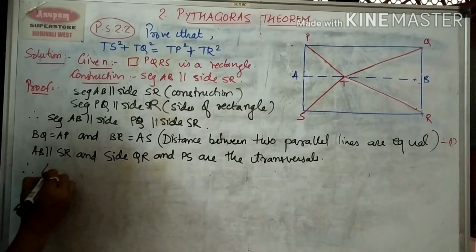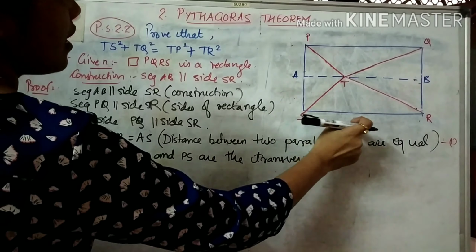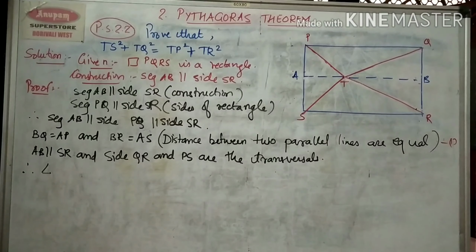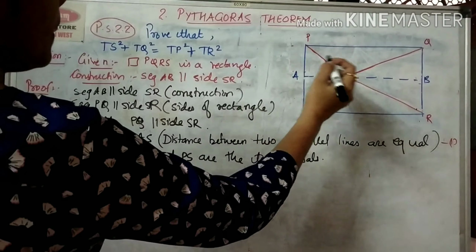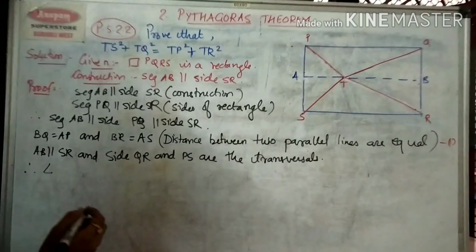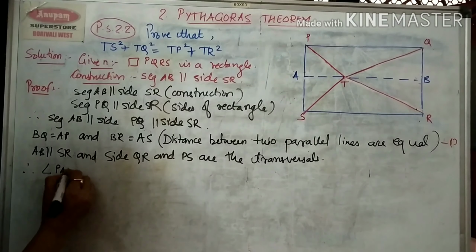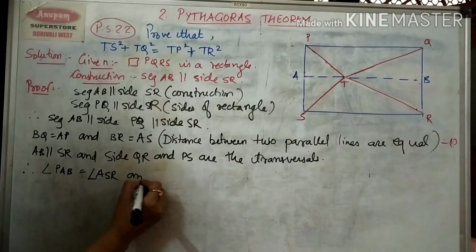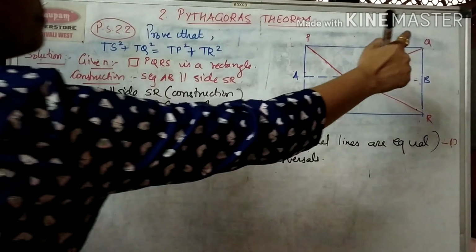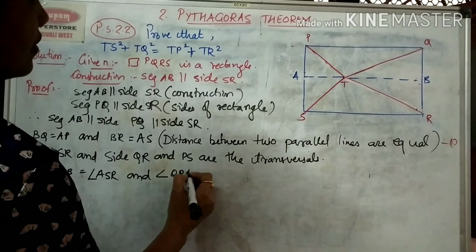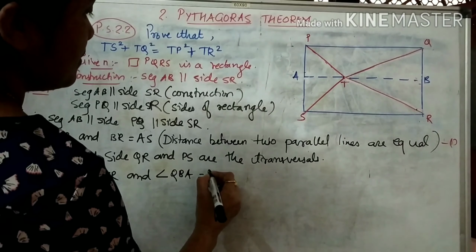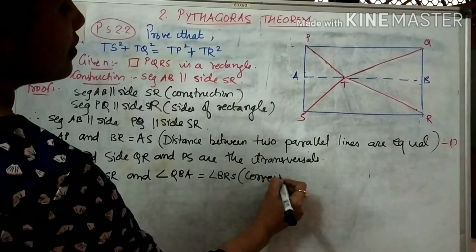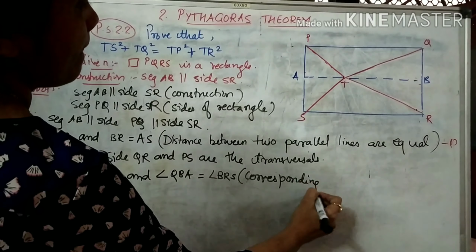Therefore, angle PSR, or angle ASR, whatever way you want. Okay, so I'll say angle PAB is equal to angle ASR, and angle QPA is equal to angle BRS, corresponding angles.